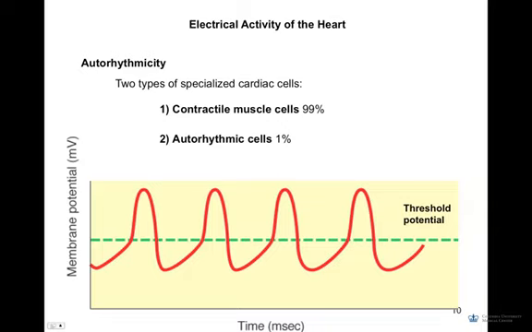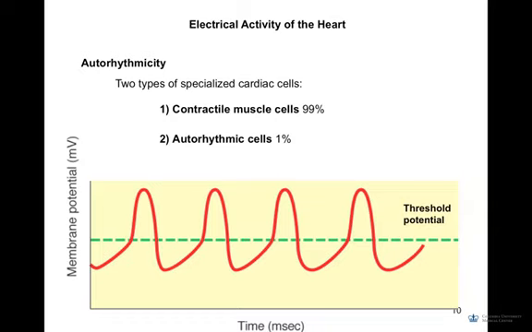The other type of cell that we find in the heart are a class of cells that we call autorhythmic cells. They're very similar to neuronal cells when they're found in the heart. We call them autorhythmic because they are pacesetter cells. They have a very particular kind of action potential that allows them to generate action potentials spontaneously at some particular frequency.